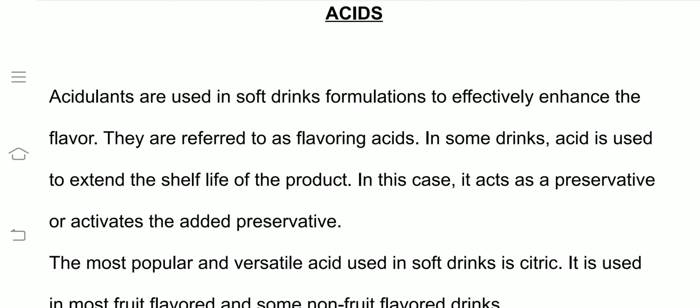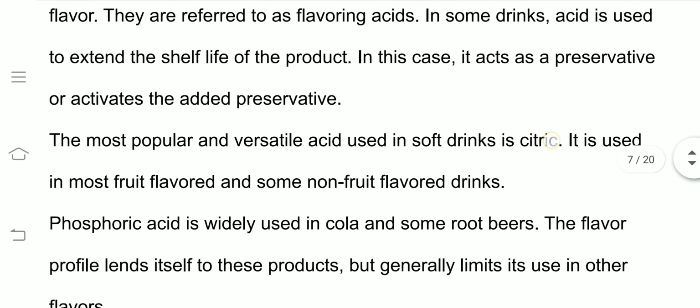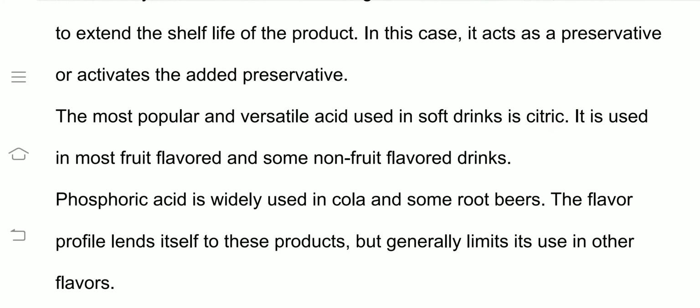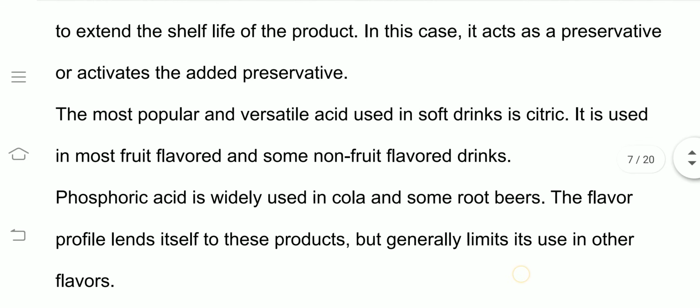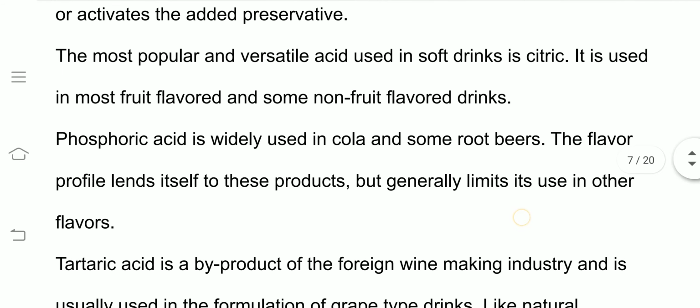They are referred to as flavoring acids. In some drinks, acid is used to extend the shelf life of the product. In this case, it acts as a preservative or activates the added preservatives.